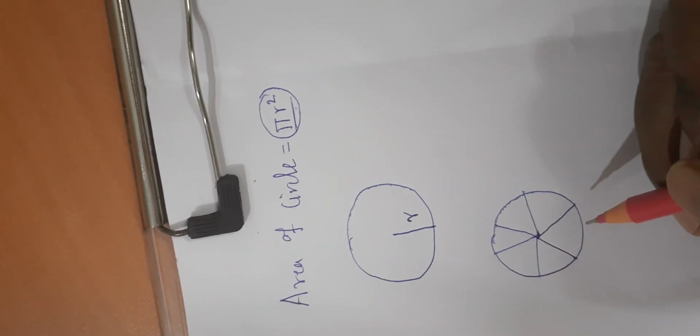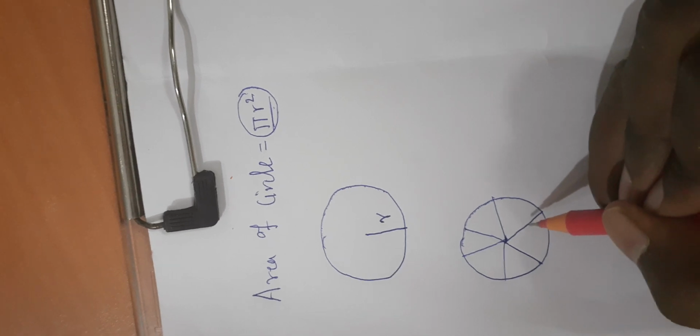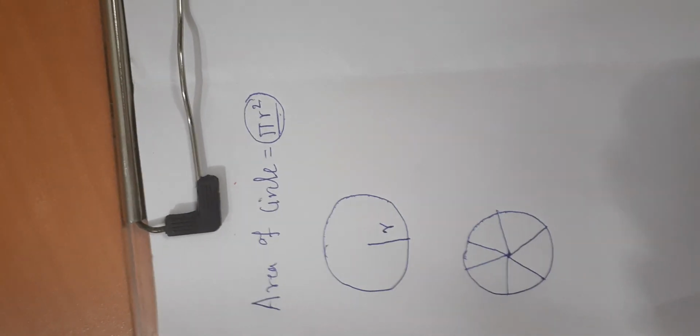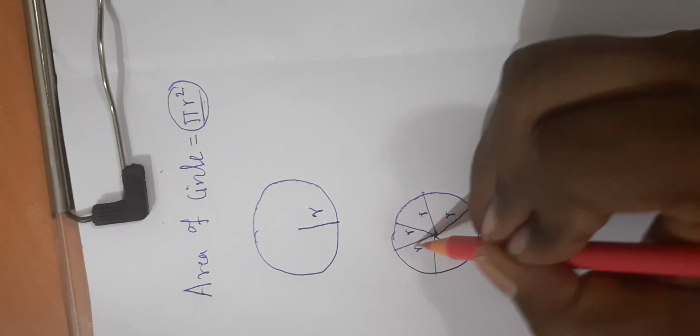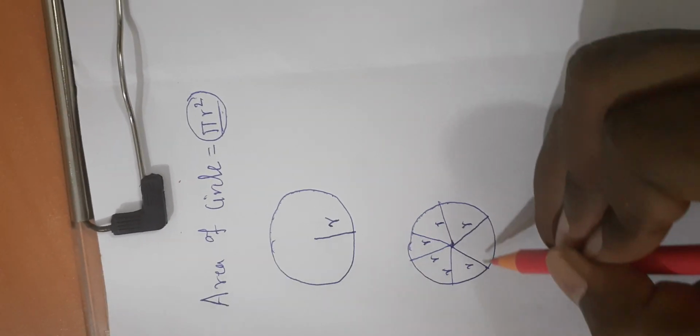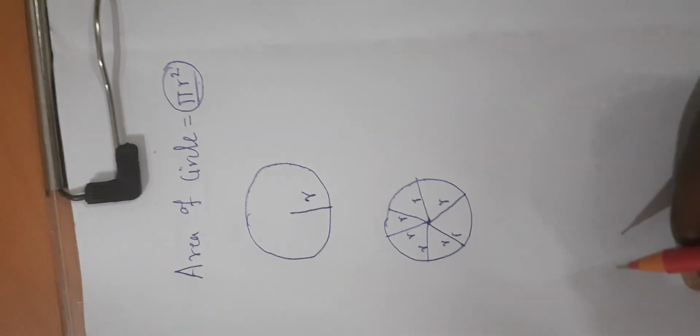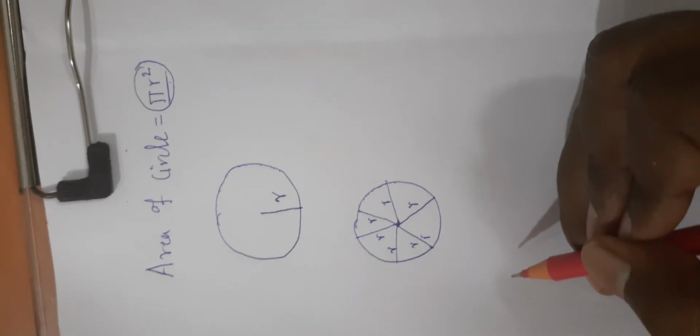I repeat, cut into 8 or 16 pieces, and these pieces look like triangles, and these triangles we will try to arrange.